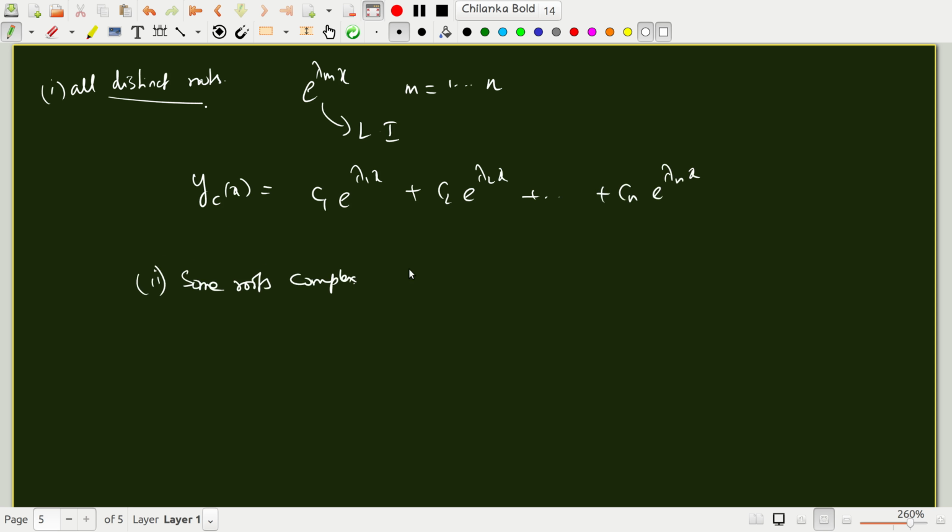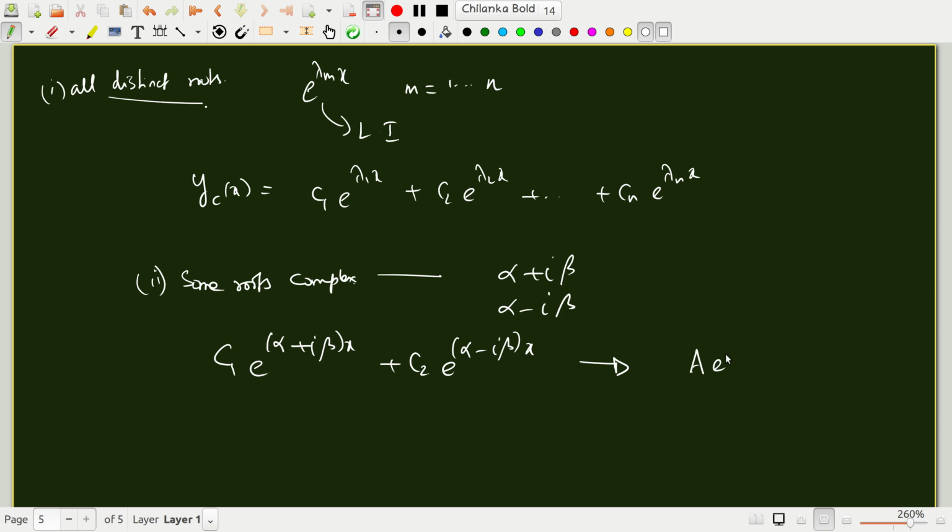If some roots are complex, then they come in complex conjugate pairs. If alpha plus i beta is a root, then alpha minus i beta is also a root. So you can write c1 e^((alpha + i beta)x) plus c2 e^((alpha - i beta)x), by combining the sines and cosines, in the form A e^(alpha x) sin(beta x + phi), where instead of c1 and c2 you have the amplitude A and the phase phi.